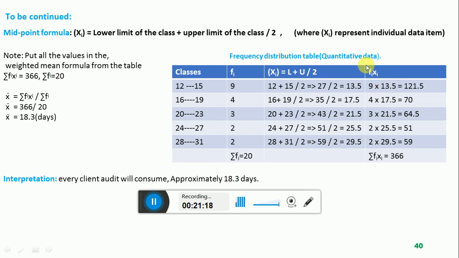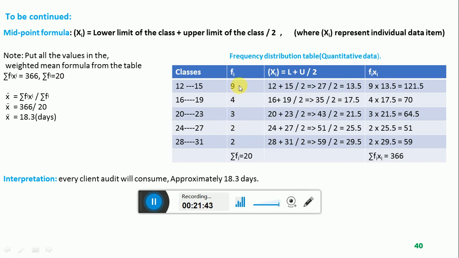Now we are switching to the fourth column. In the fourth column, we are multiplying the data item xi, each data item of each class, with the corresponding frequency to weight each data item. So fi multiplied by xi: frequency of the first class is 9, as is very clear from column 2. These are the 5 different frequencies of the 5 different classes.